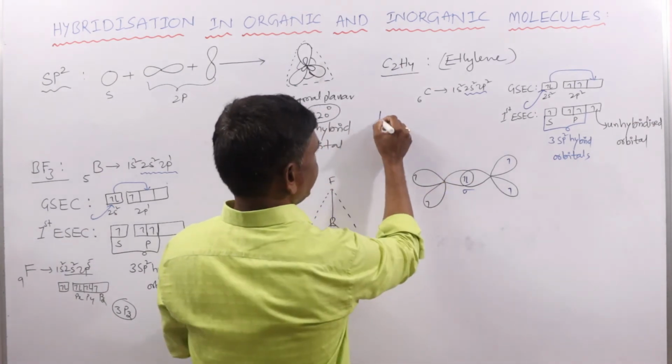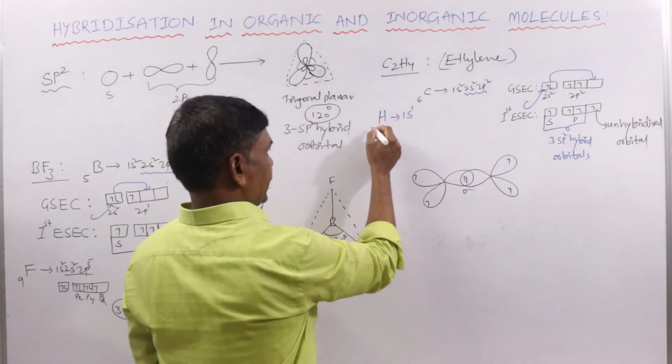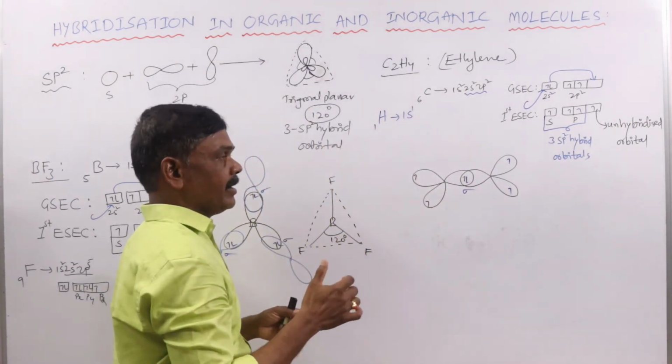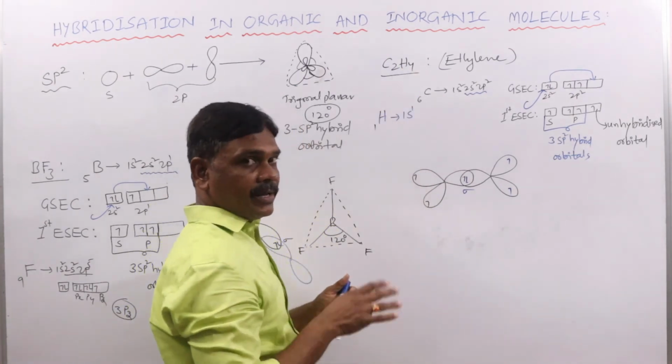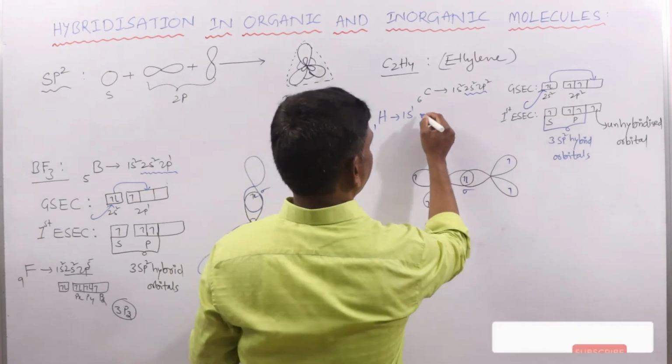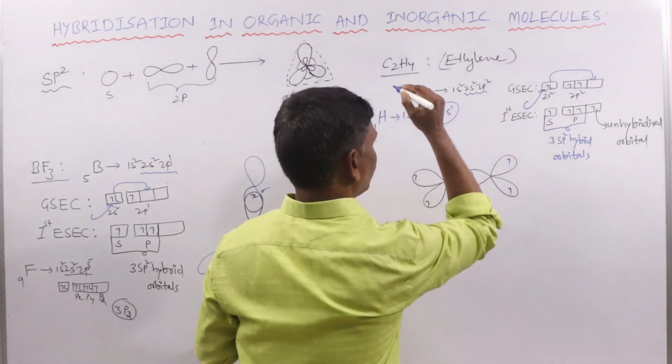The second element is hydrogen. We know that for atomic number 1, the electronic configuration is 1s1. How many hydrogens are there? 4 hydrogens, so we get 4 1s1 orbitals of hydrogen.